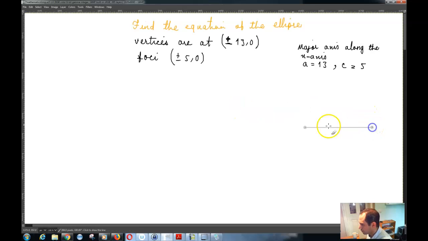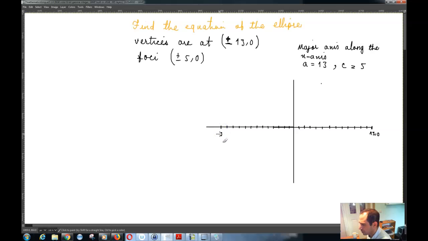Because if you draw this over here, 13, 0 would be 1, 2, 3, 4, 5, 6, 7, 8, 9, 10, 11, 12, 13. So that's 13, 0. And you have negative 13, 0, 1, 2, 3 up to 13.